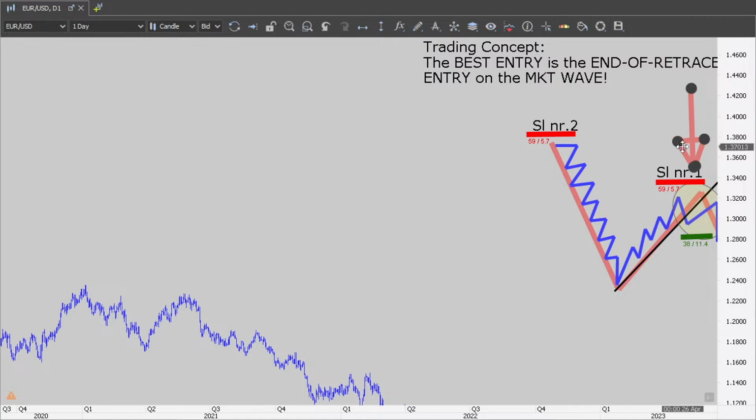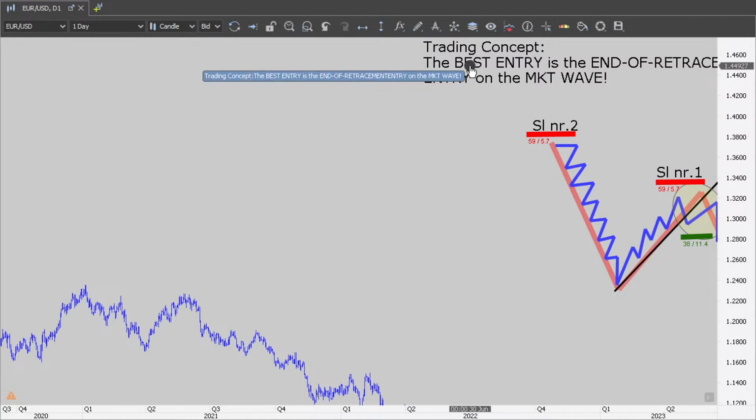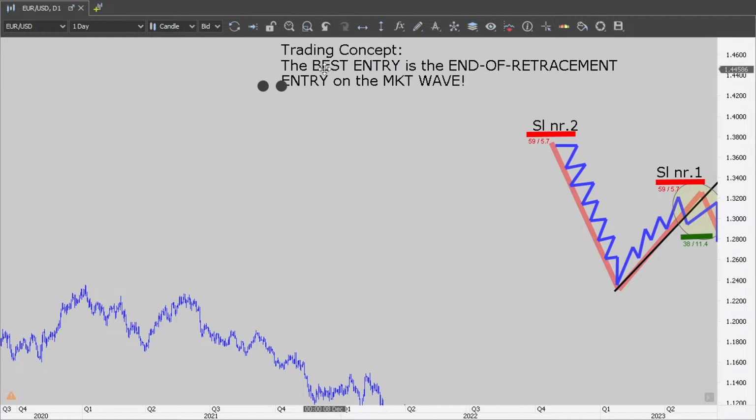Boss, can you repeat please? Yes, sir. So we are learning how to trade trends inside the market structure. We are learning how to trade the blue. And the trading concept is saying the best entry is the end of the retracement on the market wave. This makes sense, right?